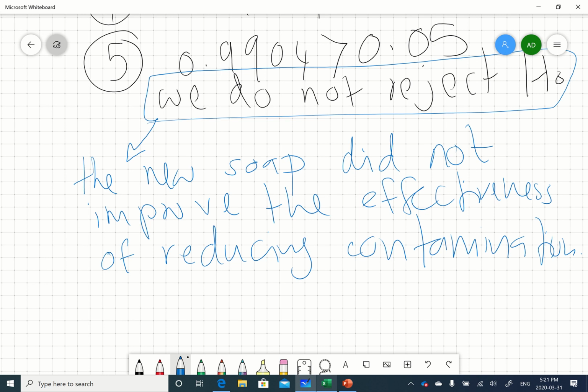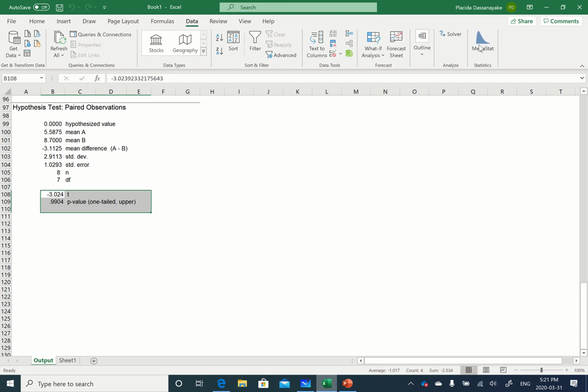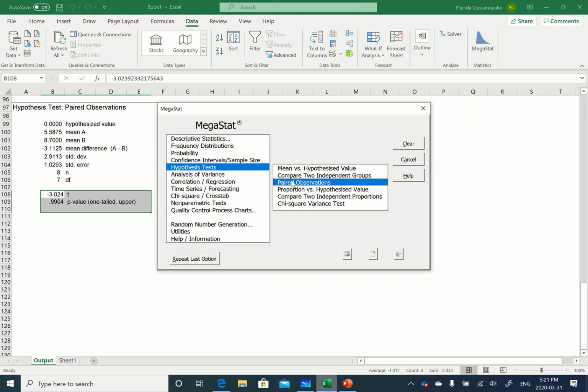There you go. Okay, so I have discussed 3 cases. For mean, you have 2: comparing two independent groups and comparing two dependent groups, paired observations, and then proportion. So we have basically discussed comparing two independent means, paired observations, and comparing two independent proportions.